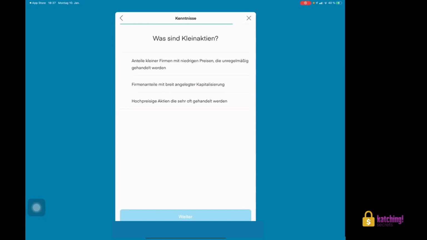I think that are shares of little companies. Shares of little companies with low prices that are traded infrequently. So I would agree to that.